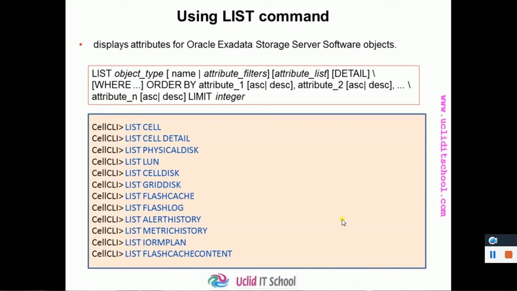Cell is an object, so for that cell, it will show you all the attributes and their current settings. Then cell disk, physical disk. And for anything, if you want a detailed display, you can say detail at the end of the object, like list cell detail, list physical disk detail.